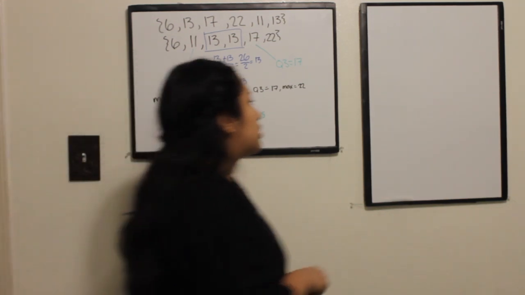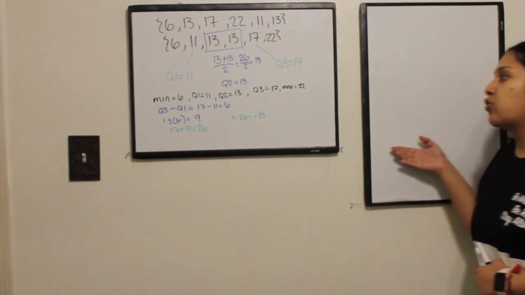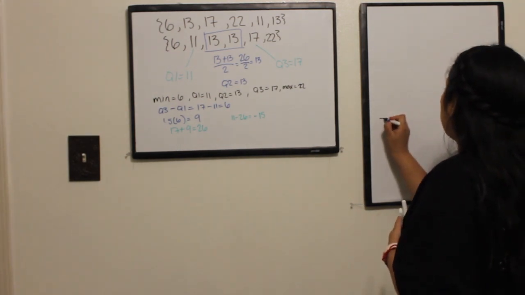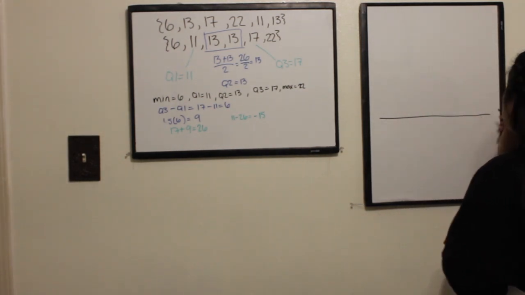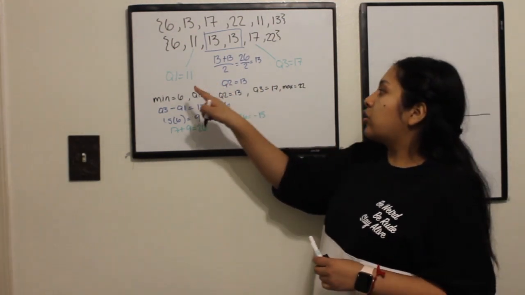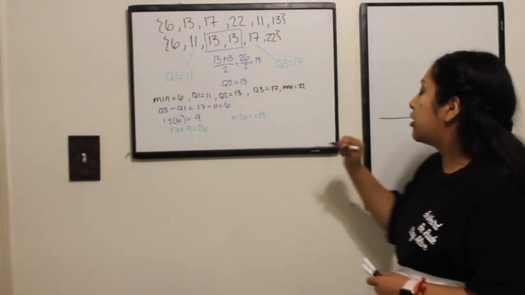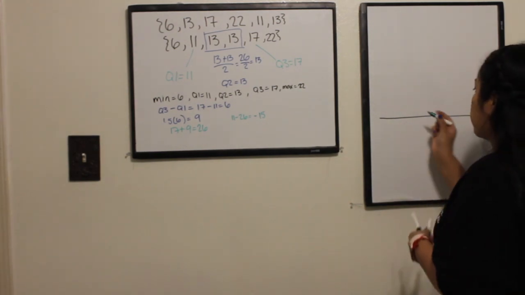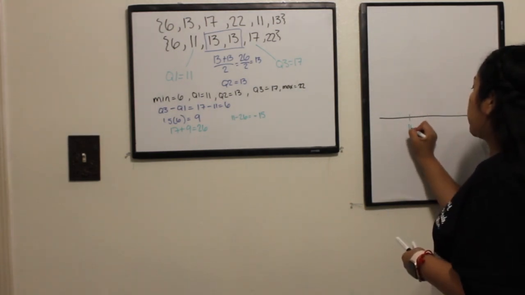So for our box and whiskers chart, we're going to go ahead and go into this whiteboard. We're going to create a number line. So our number line is going to go like this. And then we're going to start with our quartiles on the chart. So we're going to do our quartile 1, which is 11.